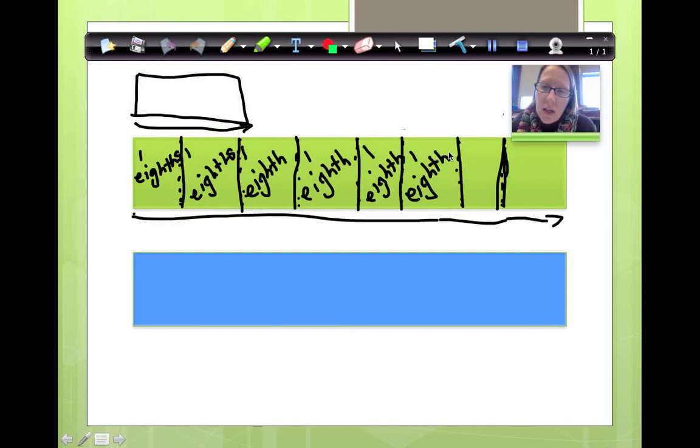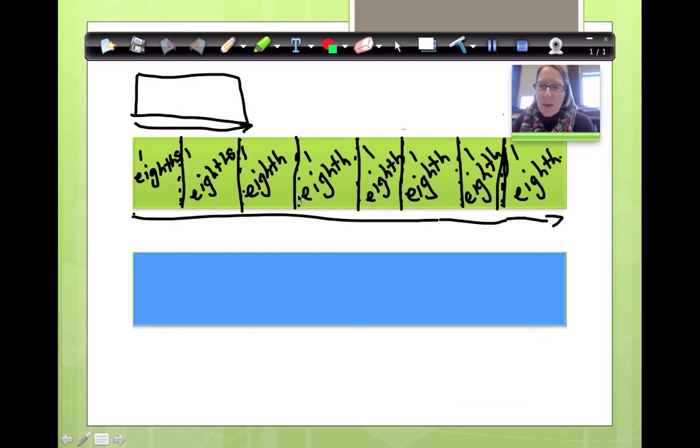EIGHTH. Okay, so we have made 1/8. Each one of my partitions is 1/8.